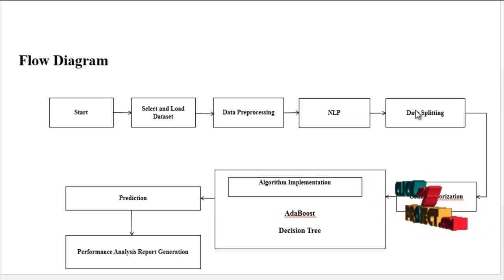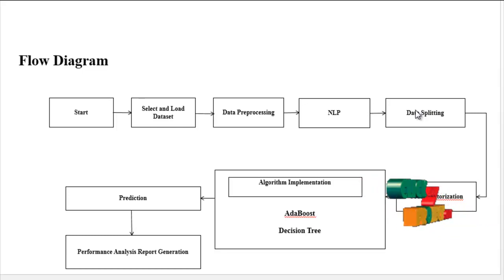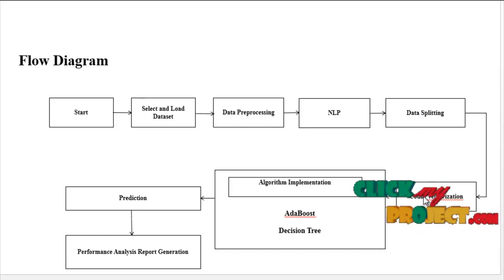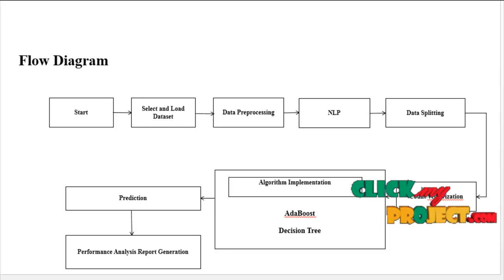Next, data splitting. Data is split into X and Y labels, and the purpose is to split it into training and testing datasets. Next, count vectorization. The text format is arranged in various orders, so the purpose of count vectorization is to convert a collection of text.